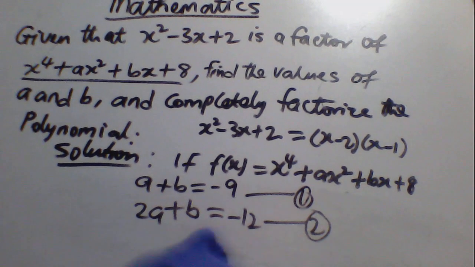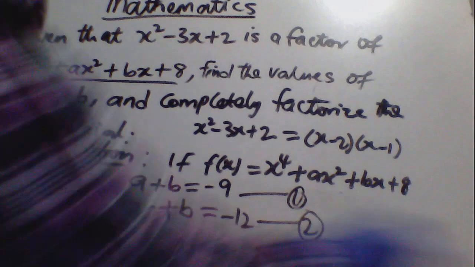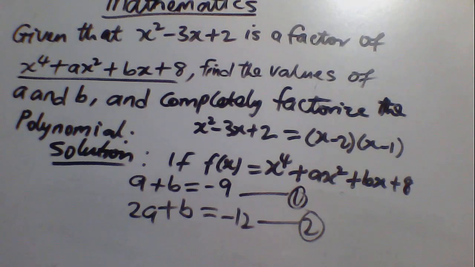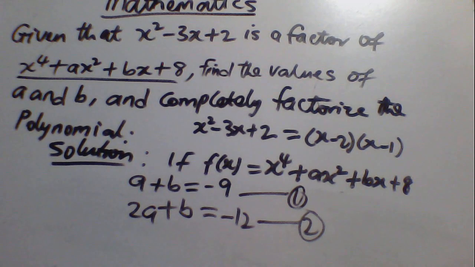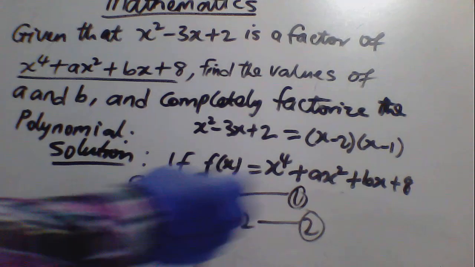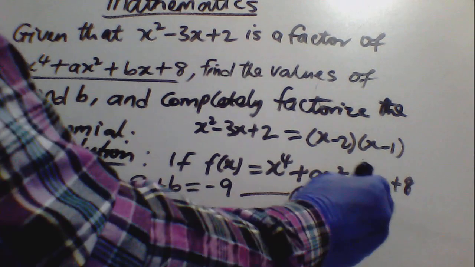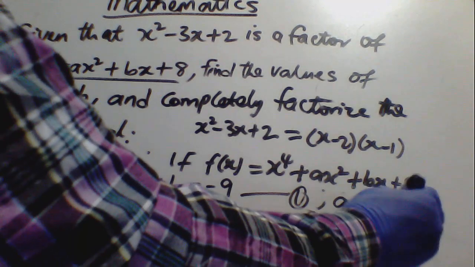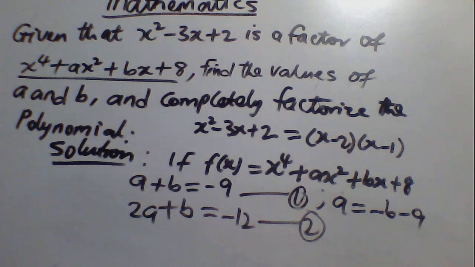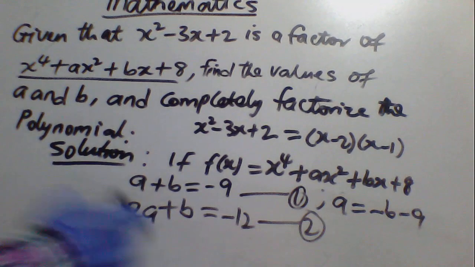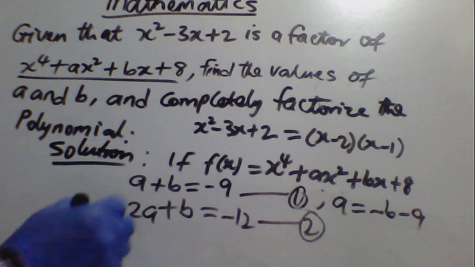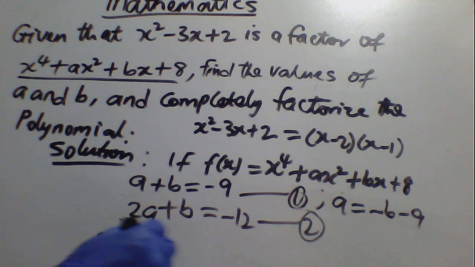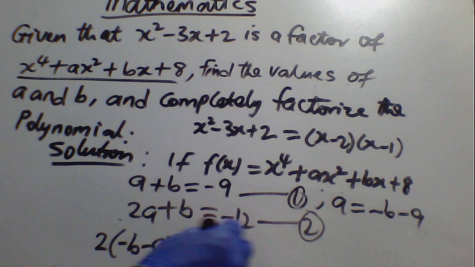The next thing is to solve the simultaneous equations formed in a and b. From equation 1, we can make a the subject of the formula. So from equation 1 here, we know that a is equal to minus b minus 9. So put it in equation 2. Wherever you see a, you put this value. So here we have 2 in bracket minus b minus 9 plus b is equal to minus 12.